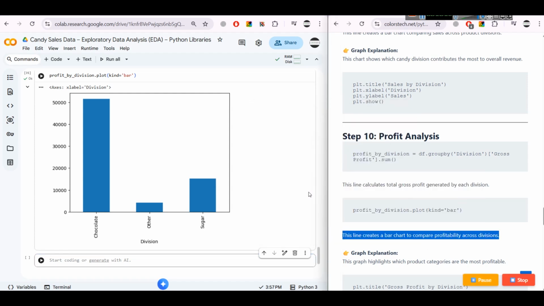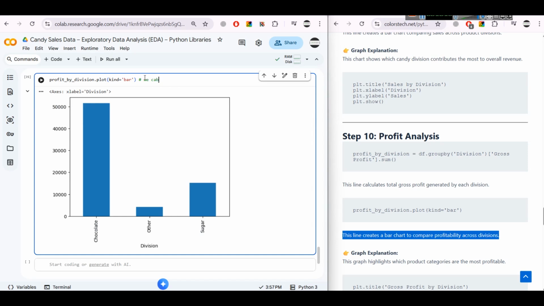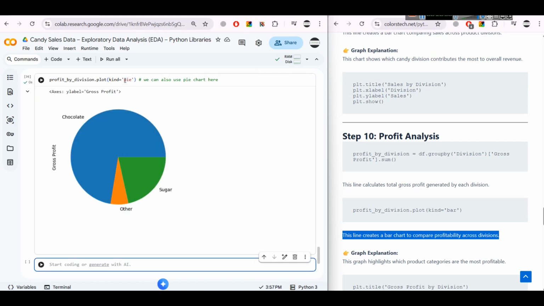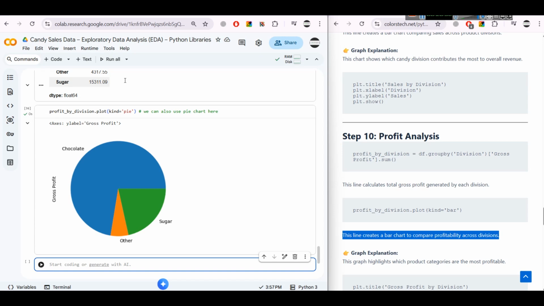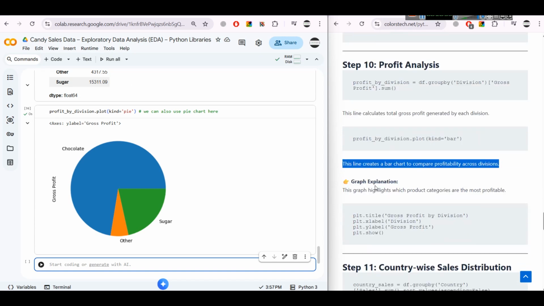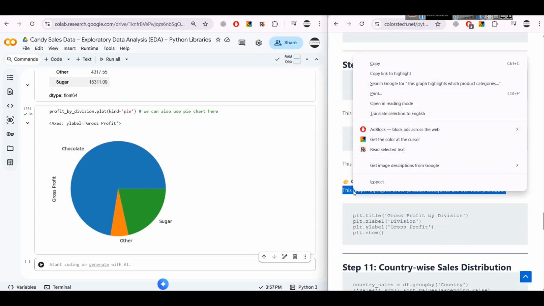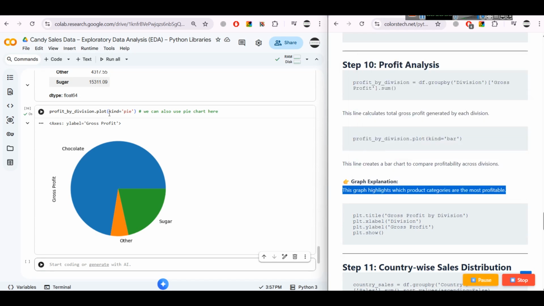This line creates a bar chart to compare profitability across divisions. This graph highlights which product categories are the most profitable.